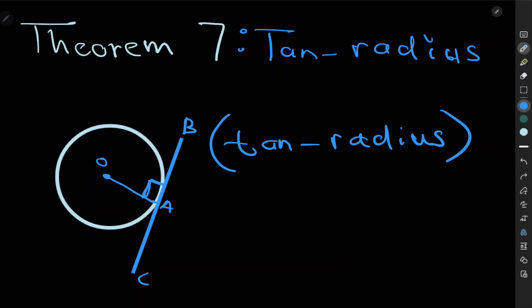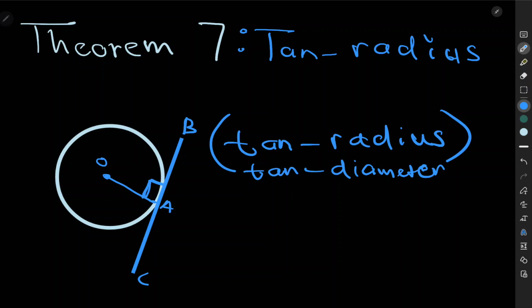So it could be tan radius or tan diameter. But what the theorem is saying is that at the point where they meet, they form 90 degrees. That's basically it about this theorem.